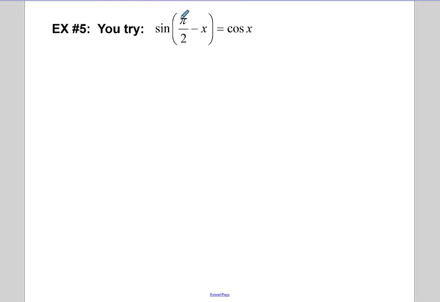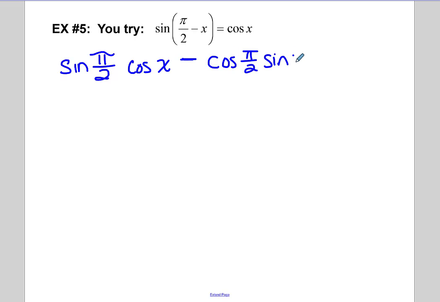Example 5 is one for you to try. So you could turn the video off and come back and check if you like. Expanding sine of pi over 2 minus x would be sine, cosine, keep subtraction, cosine, sine. And we want to know, is that equivalent to just cosine?